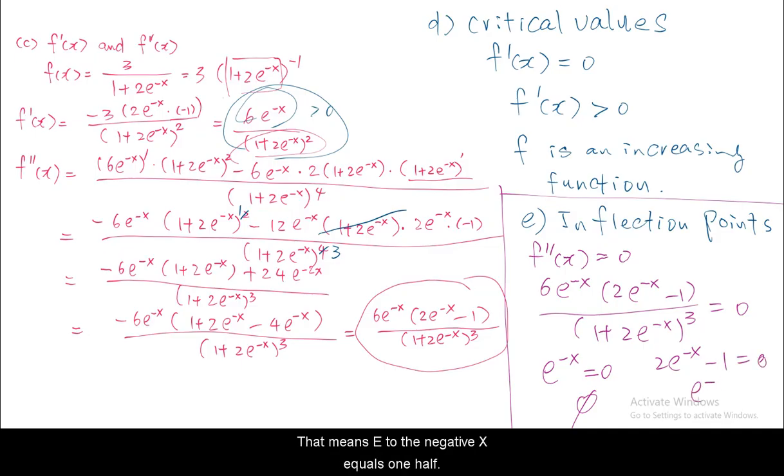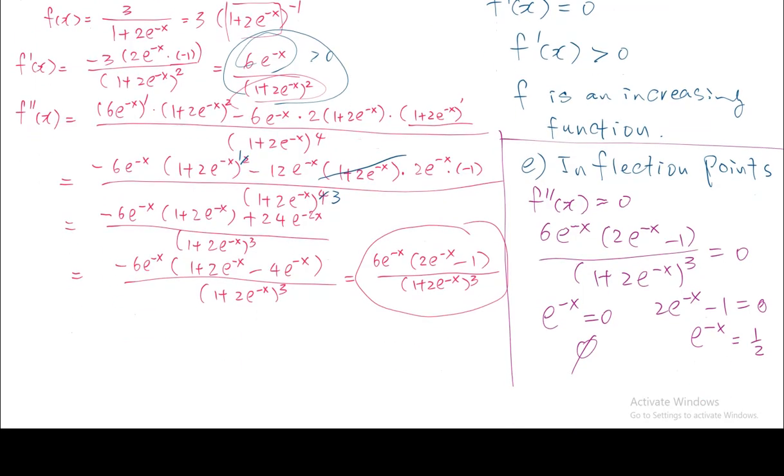That means e to the negative x equals 1/2, so e to the x equals 2. So x is ln of 2. So we have an inflection point that happens when x is equal to ln of 2.